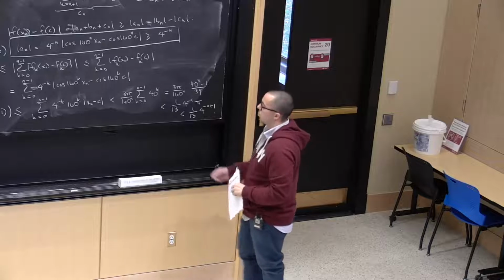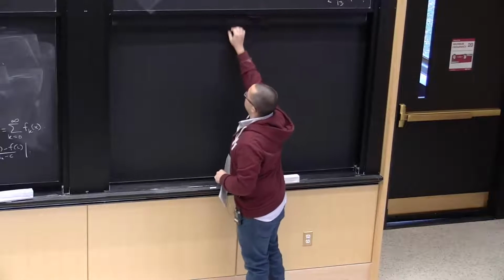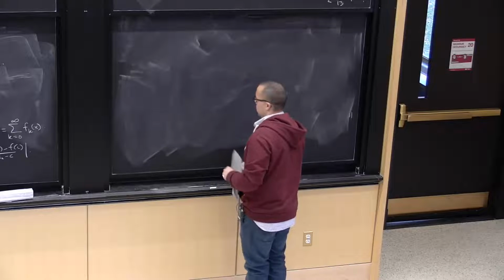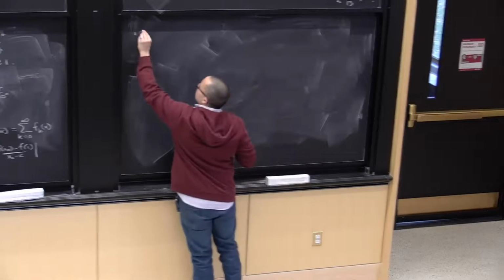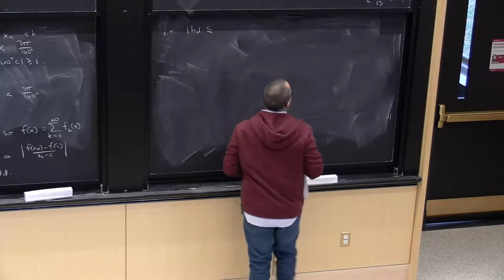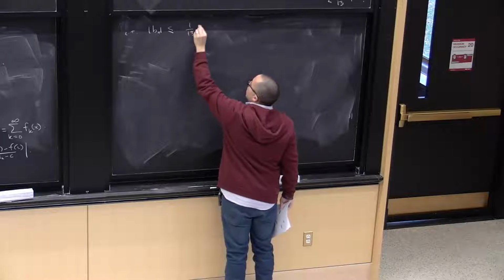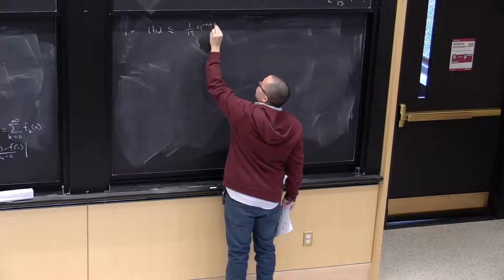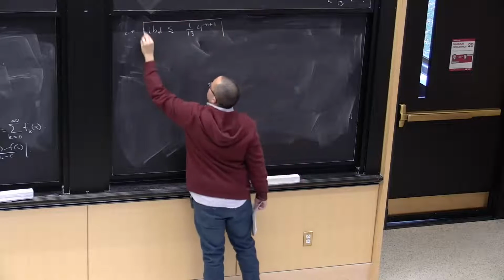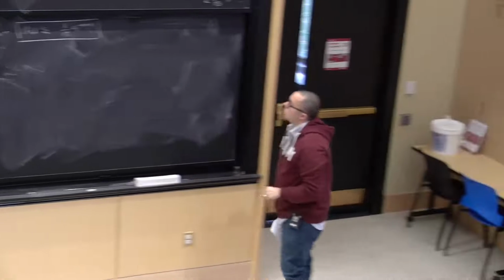Okay? So, let me summarize this. It is less than or equal to 1 over 13, 4 to the minus n plus 1.